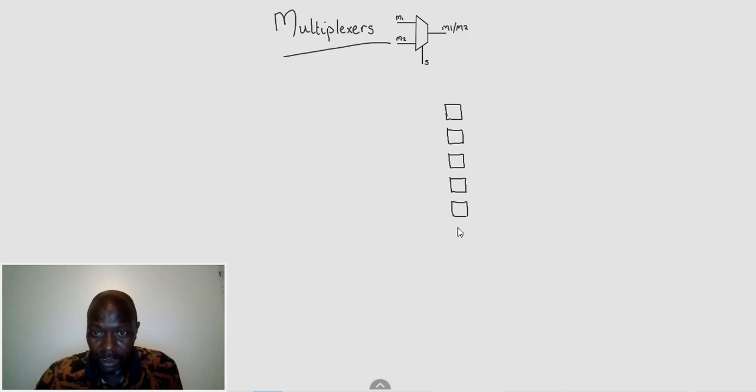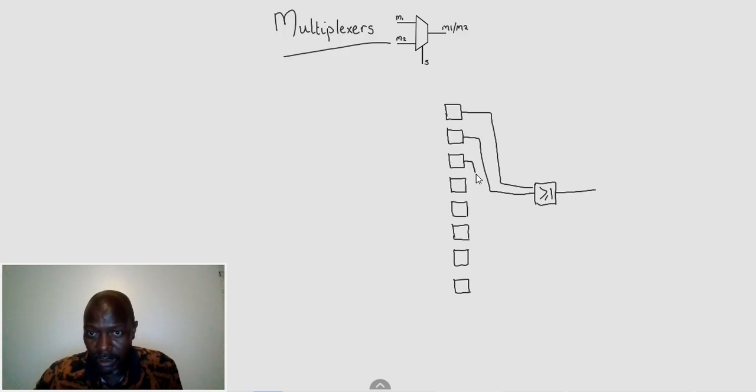So I expect it to go from 2 to the power of 3, from 0 to 7: 0, 1, 2, 3, 4, 5, 6 and 7. And we know this is all going to go through an OR gate because we are embedding it on the same channel. So now this is going to be that, or that.